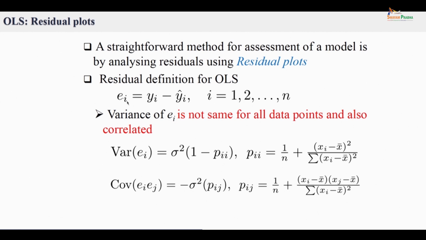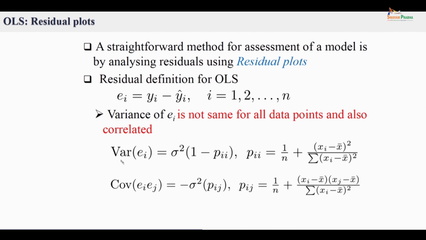Now we can try to compute the statistical properties of these residuals, and we will be able to show that the variances of these residuals are not all identical, even though we started with the assumption that all errors corrupting the measured values have the same variance. The residual, which is a result of the fit, will not have the same variance for all data points.